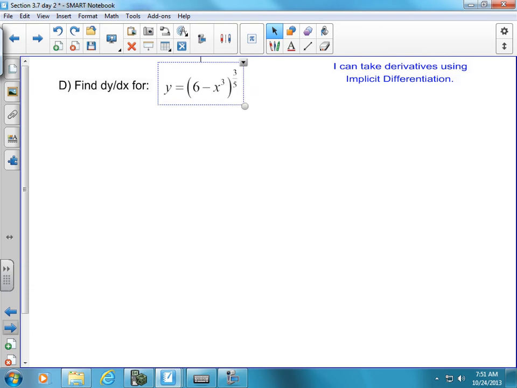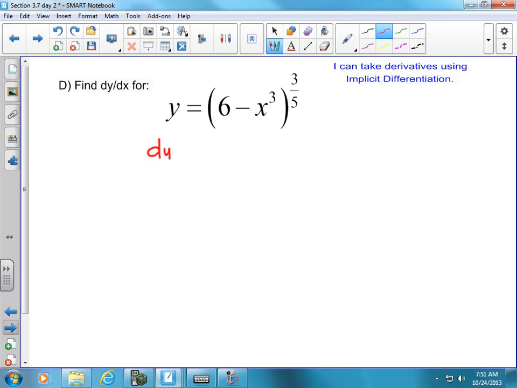All right, dy dx for this. And I could be writing these as dy dx. Remember, it means the same as y prime, means the same as f prime of x. Those are all different ways to write the derivative notation. All right, power rule on the outside. 3/5 minus 1 is negative 2/5.